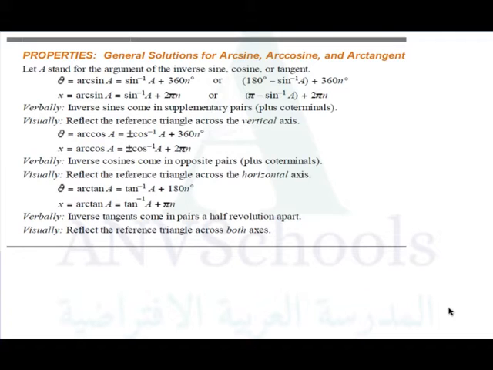For arctan, theta is equal to arctan A plus 180 degrees n, and for the radian version, arctan A plus pi n. Verbally, inverse tangents come in pairs a half revolution apart, so it's 180 degrees apart. Visually, reflect the reference triangle across both axes.